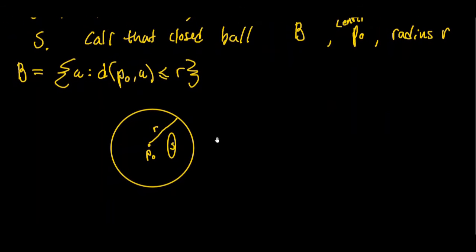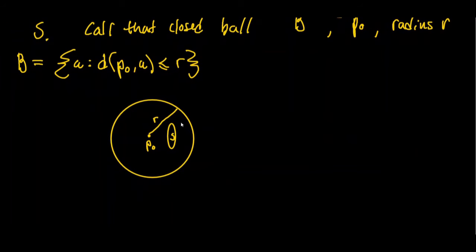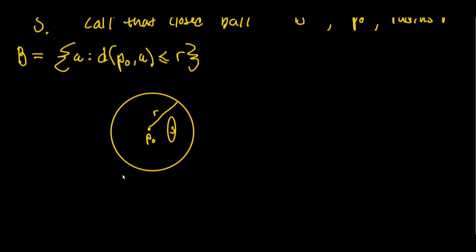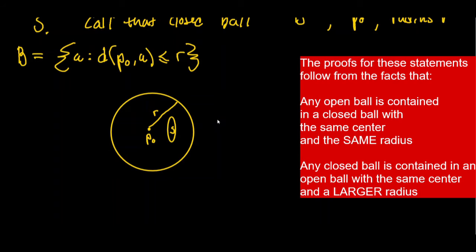So let's do that. For this proof, I'm only going to show that there exists a closed ball that contains S, because if I can show that, then for any closed ball, there exists an open ball that contains it. I'll leave that proof to you. And I'll leave this proof to you as well, that for any open ball, there exists a closed ball that contains it.